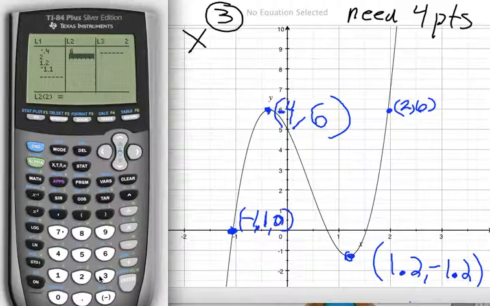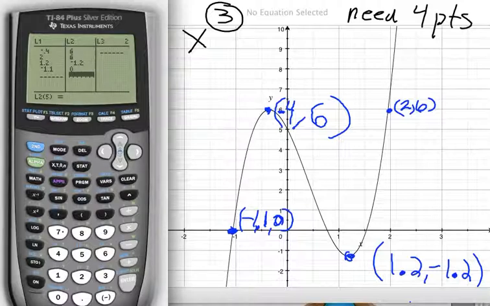And then 1.2 would be negative 1.2. And then what would that be? 0. All right, so we've got all 4 points entered.